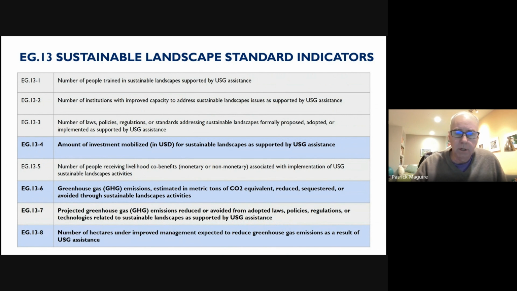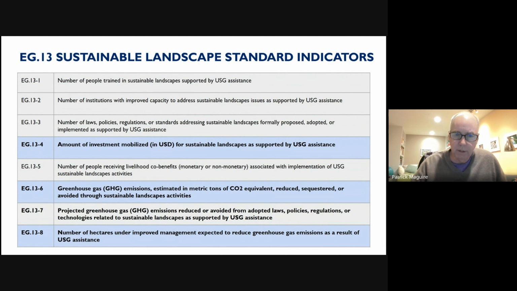And that means essentially there's two parts to it. If an activity achieves a result that can be reported towards a standard indicator, then you are required to report on it. It doesn't mean that an activity has to achieve a particular indicator every year. But if you do achieve a result, then it has to be reported. It's required to be reported.